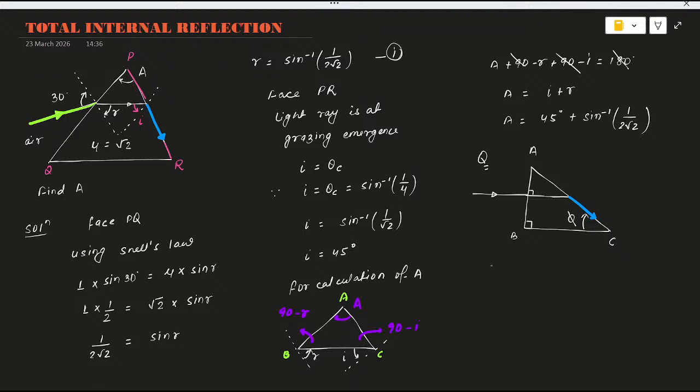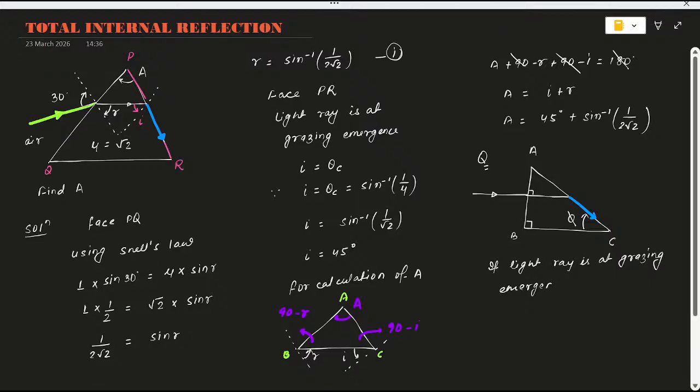Okay. If light ray is at grazing emergence, although it is shown in the diagram, but I'm still writing it in terms of language. Grazing emergence at AC, find phi.